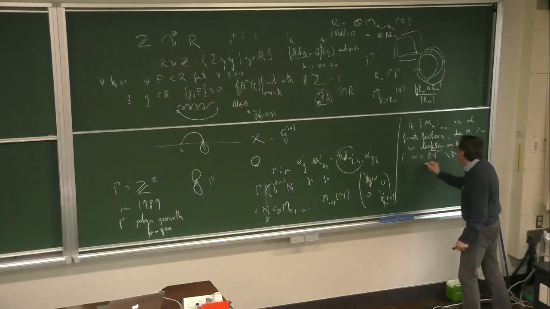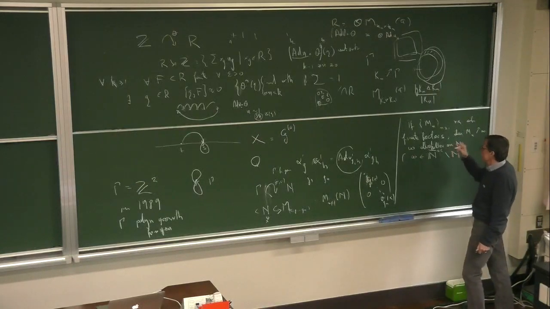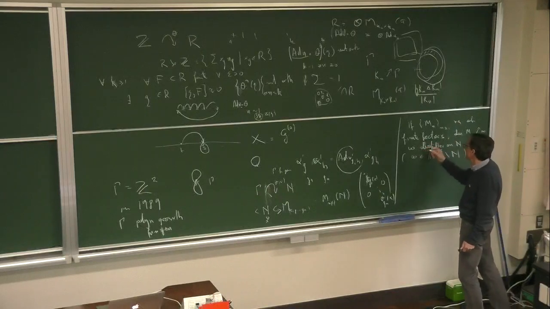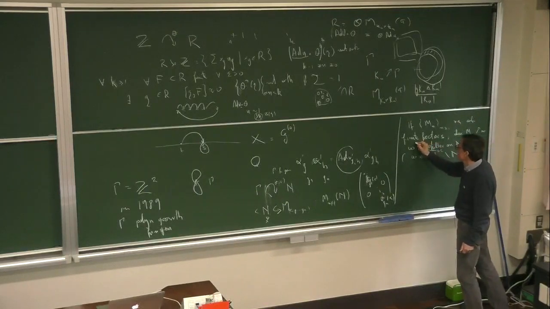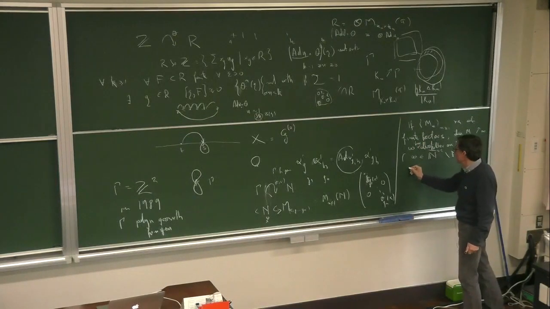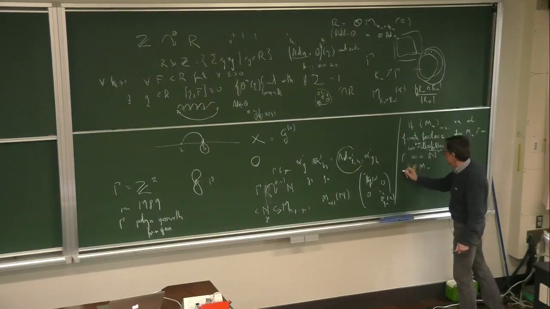Non-principal, or free, ultrafilter. Then I take the algebra, little L infinity, the direct sum of the Mn matrices. Let's call this M.